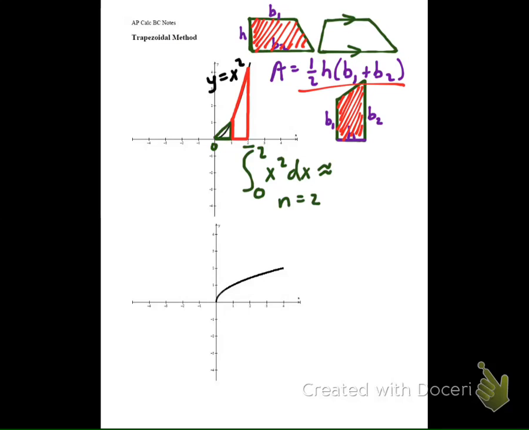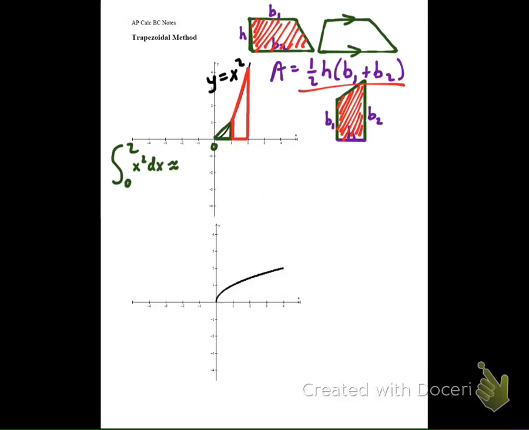I want to erase this stuff so I can rewrite it over on the left so I have a little more room to work with. So I have the integral from 0 to 2 of x squared dx, and that's approximately equal to the area of each of these trapezoids.